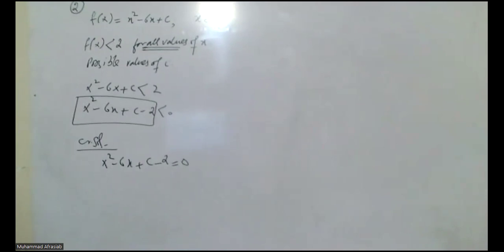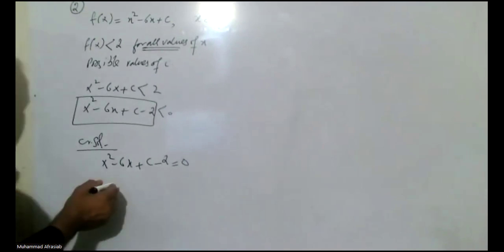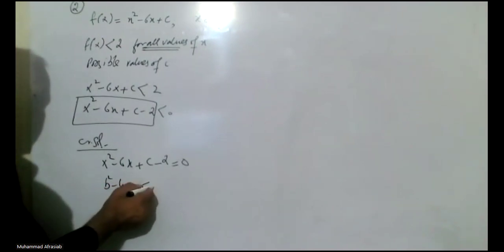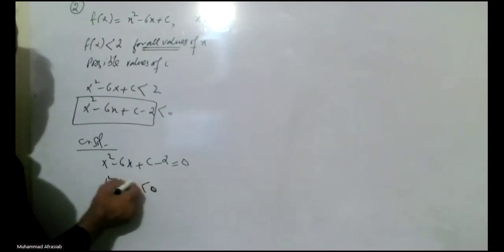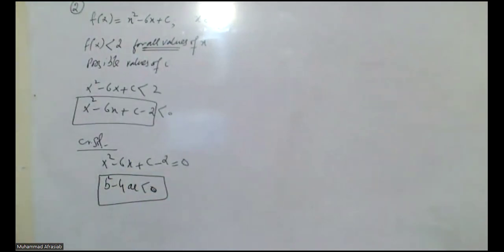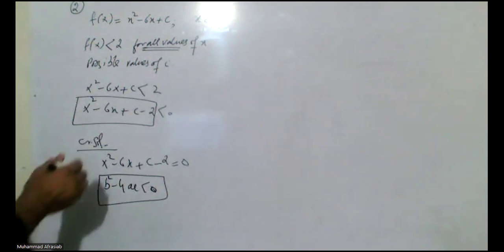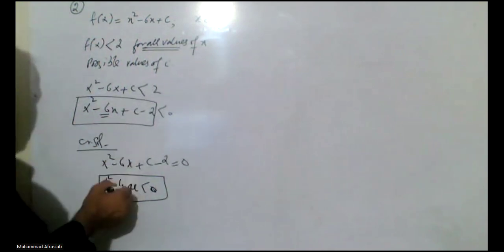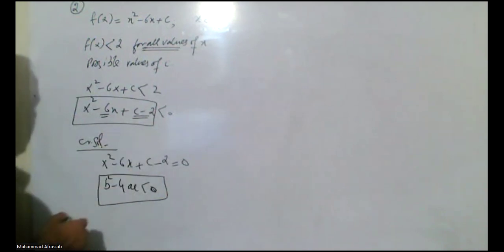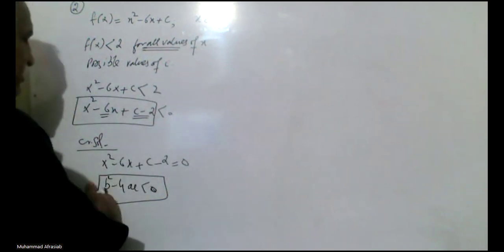Since they have used the words for all values of x, it means b square minus 4ac should be less than 0, because it is not cutting the x-axis at any value. So b is minus 6, a is 1, and c is c minus 2. We can put these values into this equation.